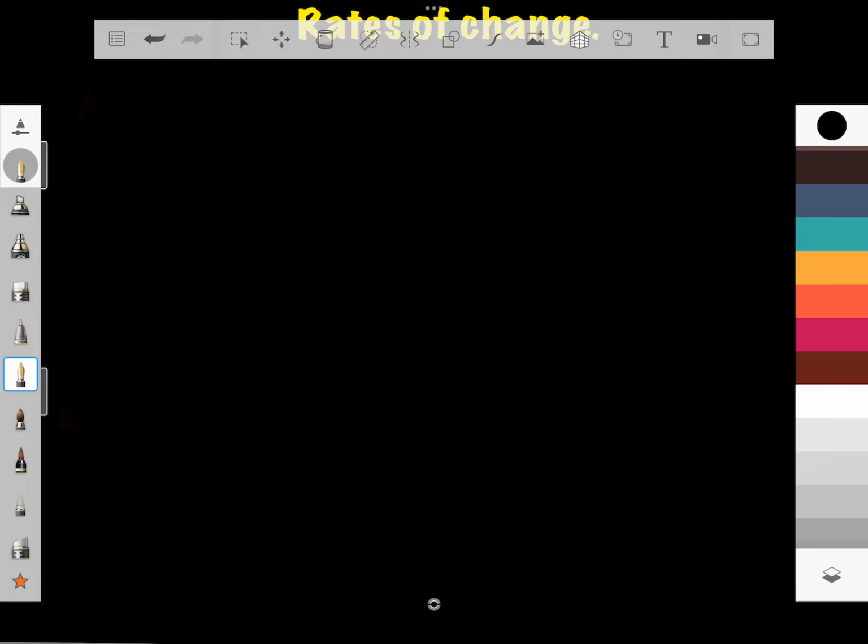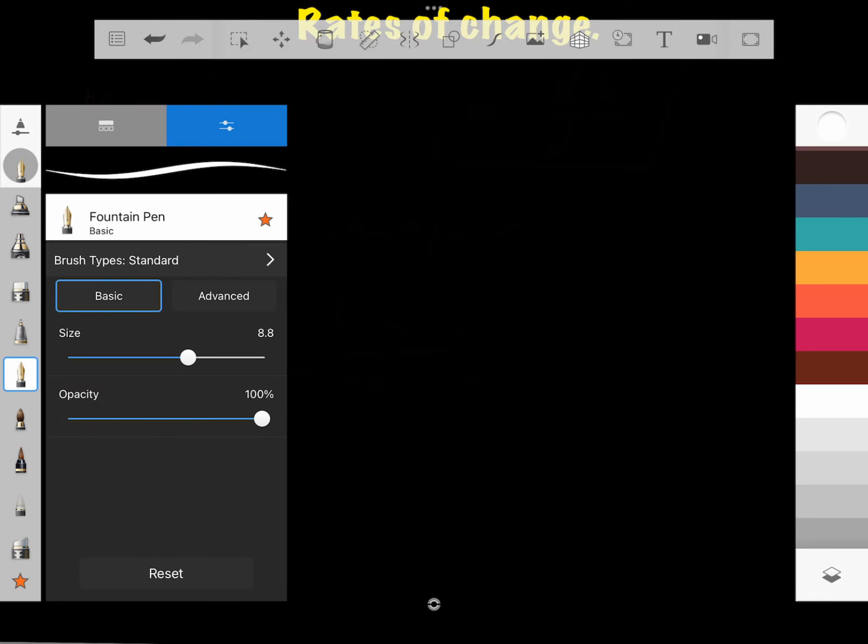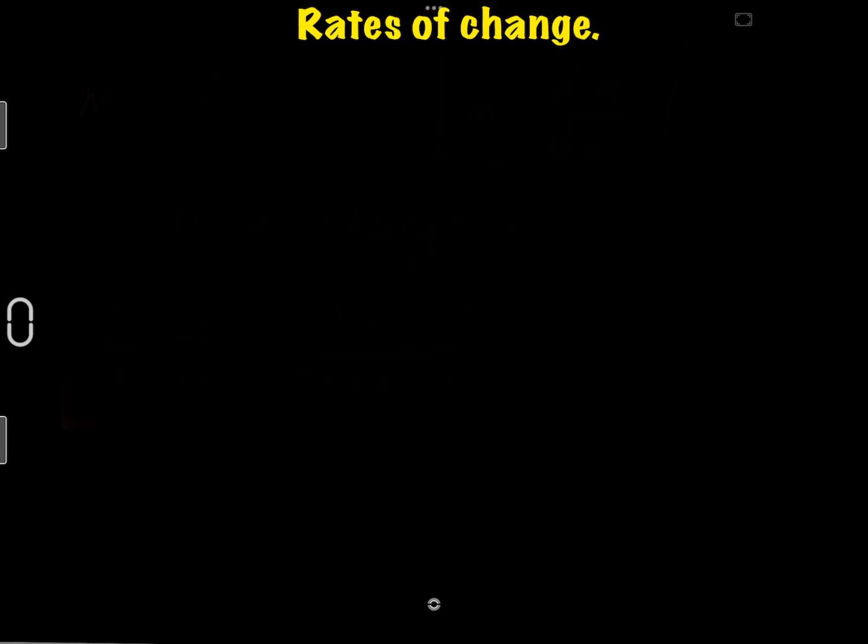Now, let's look at a few examples relating to this concept. So we are to find the gradient of the following line segments. I'll call this number 1. So we have A. Okay, so we are given 2 coordinates.